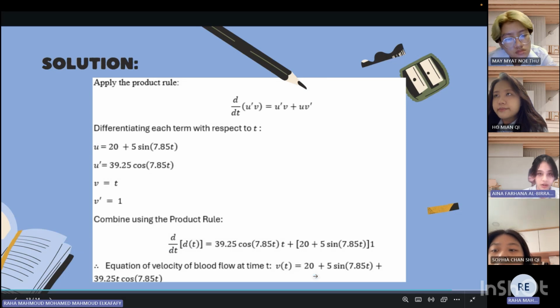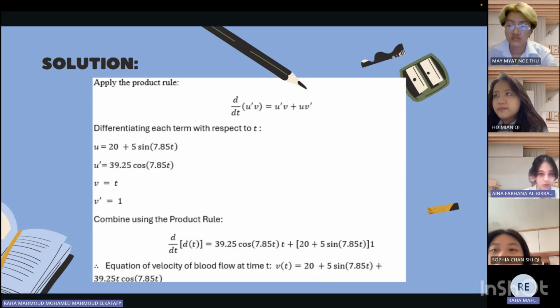After splitting into two parts, u equals 20 plus 5 sine 7.85t, and the derivative of u with respect to t will be 39.25 cos 7.85t. And v equals t, and the derivative of v with respect to t would be 1. Combining these using the product rule given above, that will be 39.25 cos 7.85t times t, plus 20 plus 5 sine 7.85t times 1.